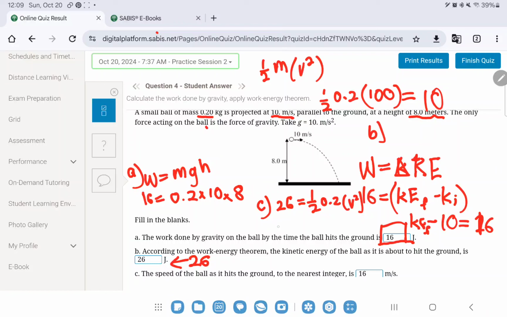So once you solve this, let me solve it on my calculator. 26 times 2 divided by 0.2 is 260. So v squared equals 260. When you put it under the radical sign, you're gonna get that v equals something around 16. They want the nearest integer, so it's gonna round to 16. And that's it for this question.